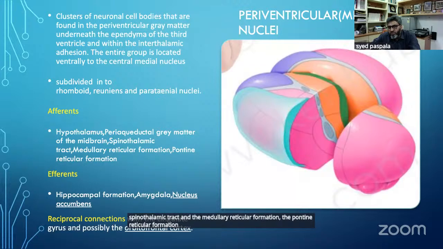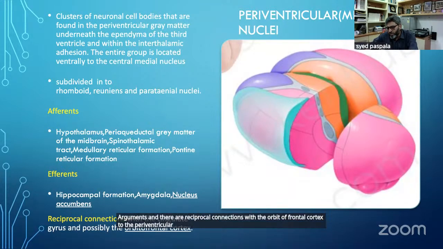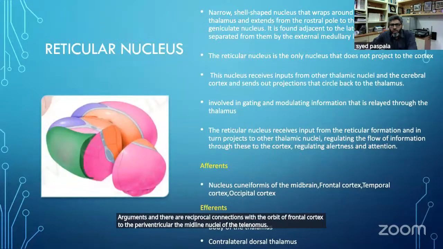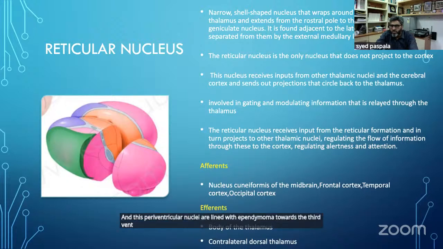And efferents from these nuclei will be going to the hippocampal formation, amygdala, and the nucleus accumbens. And there are reciprocal connections with the orbitofrontal cortex to the periventricular midline nuclei of the thalamus. And these periventricular nuclei are lined with ependyma towards the third ventricular surface.